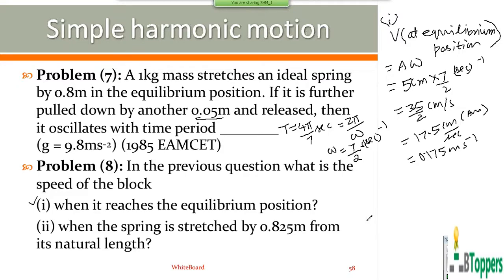In the second part of the question, we are asked to find the speed of the block at the instant when the spring is stretched by 0.825 meters from its natural length. The length of the spring in the equilibrium position is 0.8 meters. Let L0 denote the natural length of the spring.